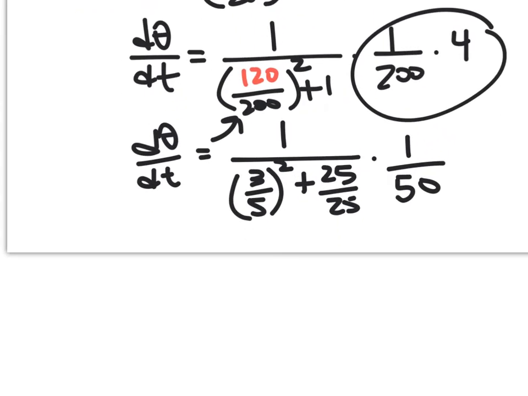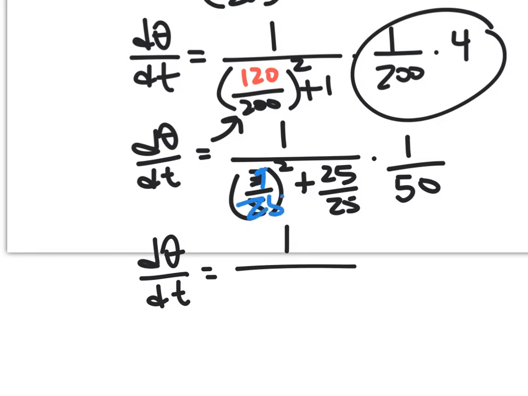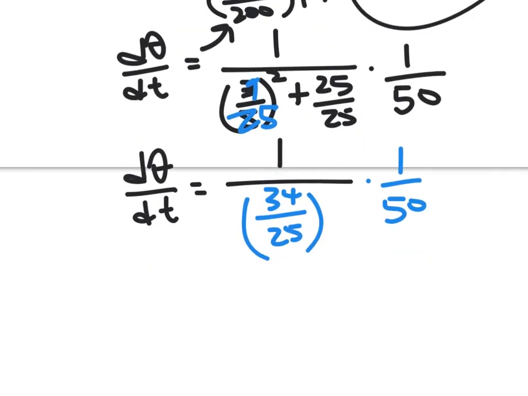So let's do a little bit more here. d theta/dt would equal 1 over this value here. When I square it, it will be 9 over 25. So I would get 34 over 25 times 1 over 50. And so therefore d theta/dt, if I take 1 over this, it'd be the same as multiplying by its reciprocal.